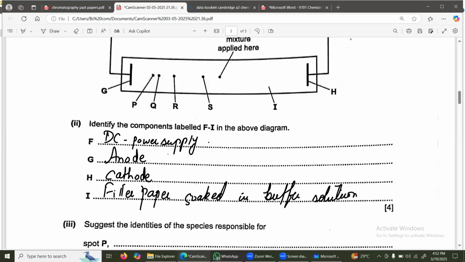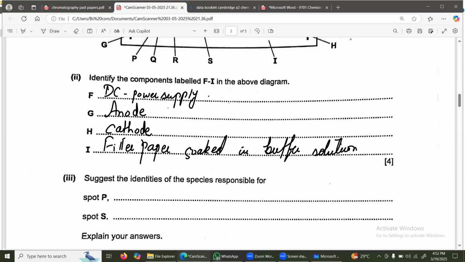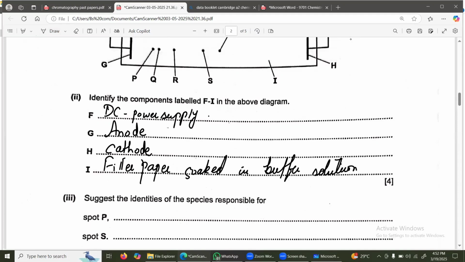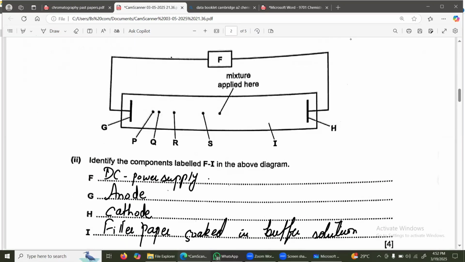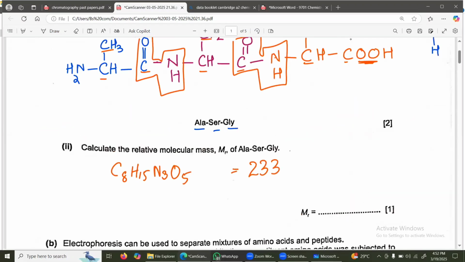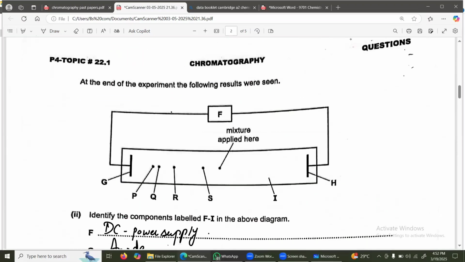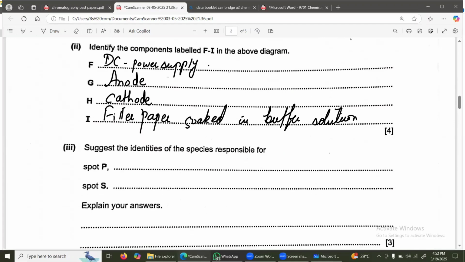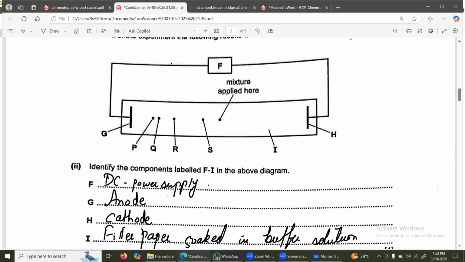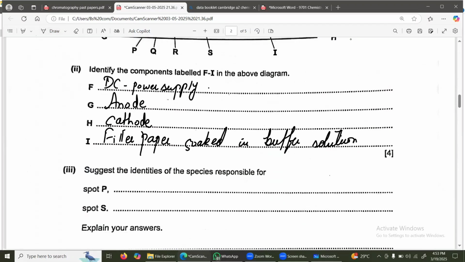Now, suggest the identities of the species responsible for spot P and for spot S. As we have already seen, we have different species: glycine, alanine, serine, and obviously the tripeptide of those. So spot P is actually glycine. And why is it glycine? Because if you look at the three amino acids, serine, glycine, alanine, glycine has the least molecular mass.